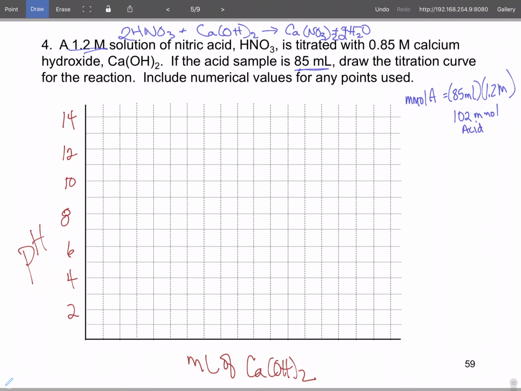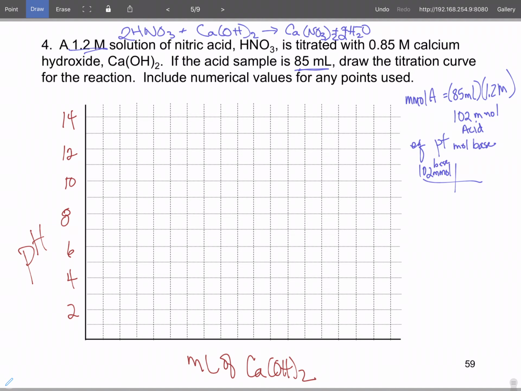So for the equivalence point, I have to calculate the moles of the base. Okay, so we know it's going to be 102 millimoles to reach the equivalence point. But if we look at our concentration, that's the base.